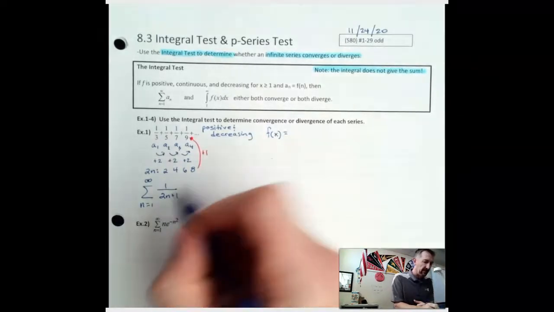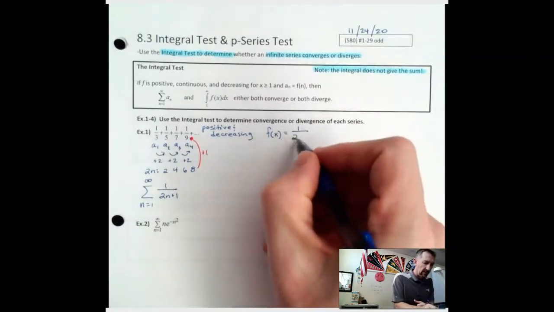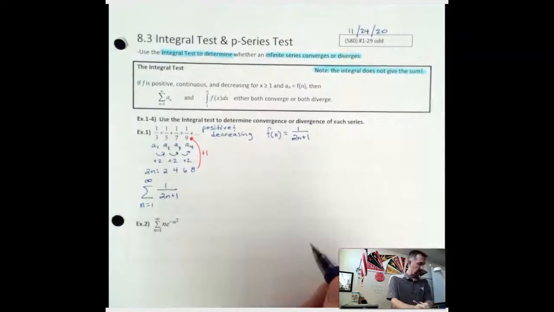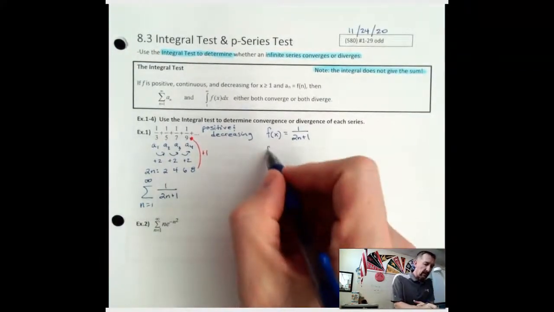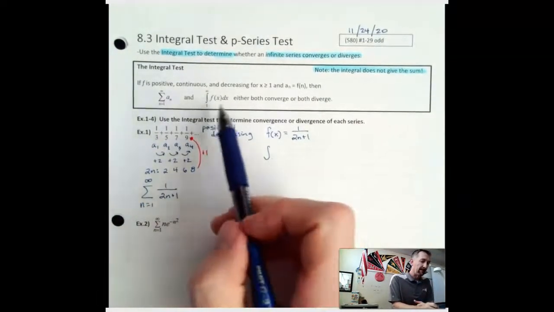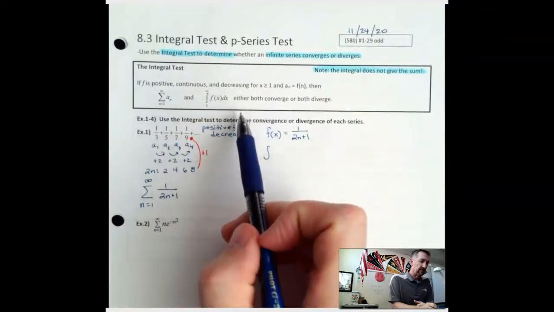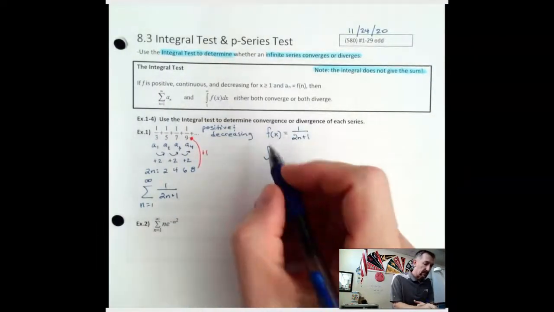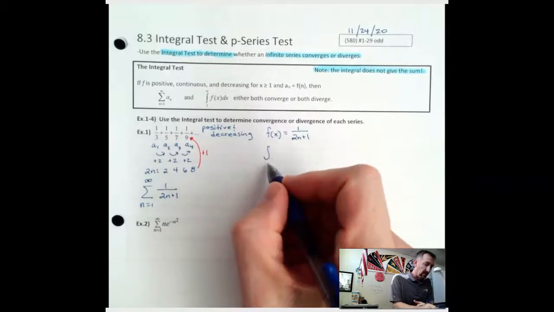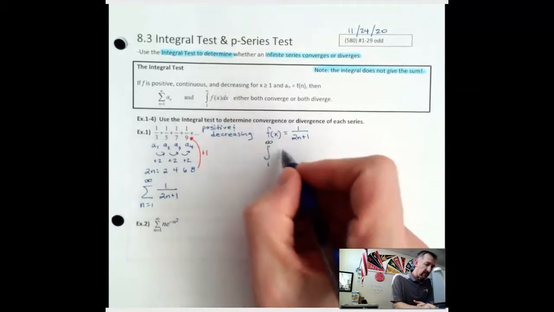We're going to let f of x be 1 over 2x plus 1, and then we're going to integrate that from 1 to infinity.